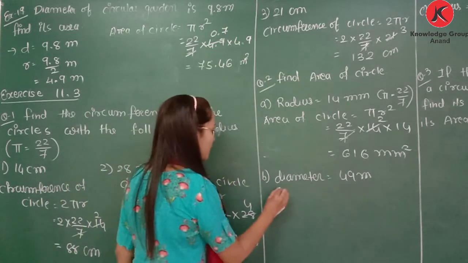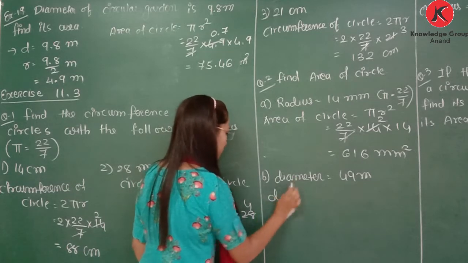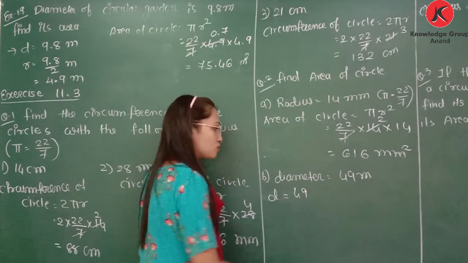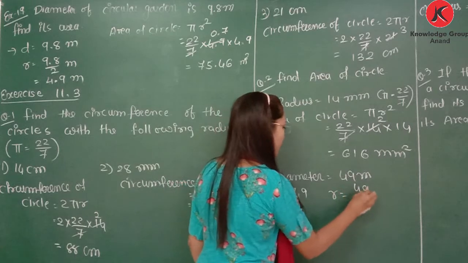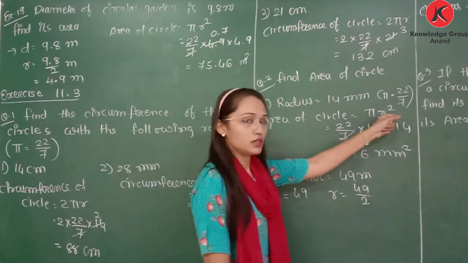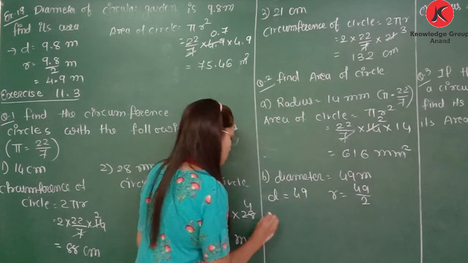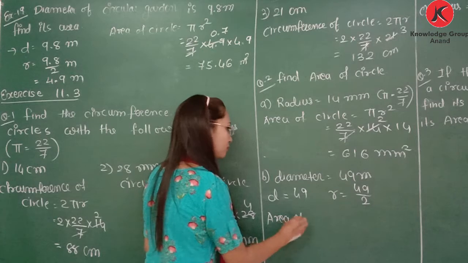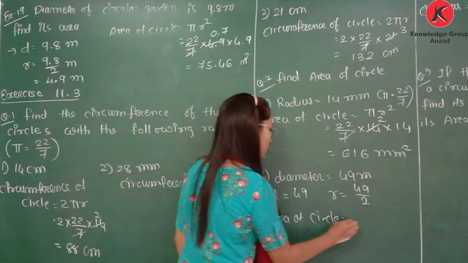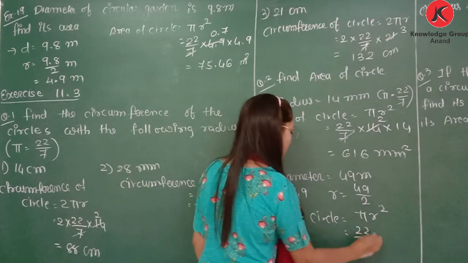Okay, now next one, diameter is 49. So what will be the radius? 49 by 2. Why? Because in the equation we need to use radius. So from diameter we get radius 49 by 2. So area of circle, that is pi r square. Pi is 22 by 7.